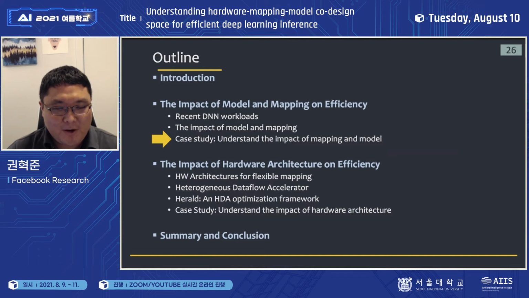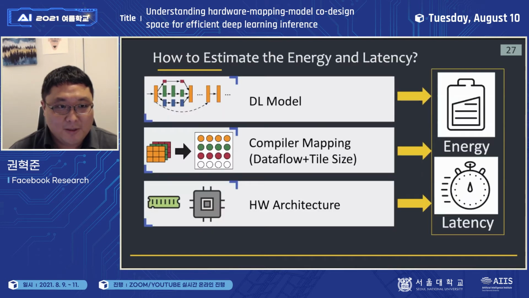So far, we've taken a look at the impact of model mapping on efficiency, and we got a sense of what data flow and mapping are. Let's take a look at some realistic data to understand the trade-off space. First, let me briefly introduce this one.